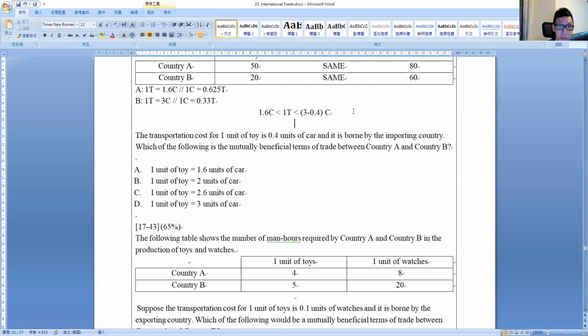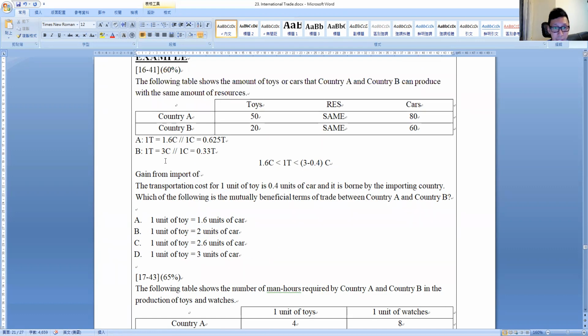Now let's do some explanation here. 我哋做少少 explanation 啦，好嗎？Now think about it. Remember the gain from import. It will import a toy. We are talking about country B. Country B's gain from import of toy. 記唔記得原先點計啊？Remember, the original local cost is 3C, right? But now I only need to pay, let's say, terms of trade, whatever terms of trade.